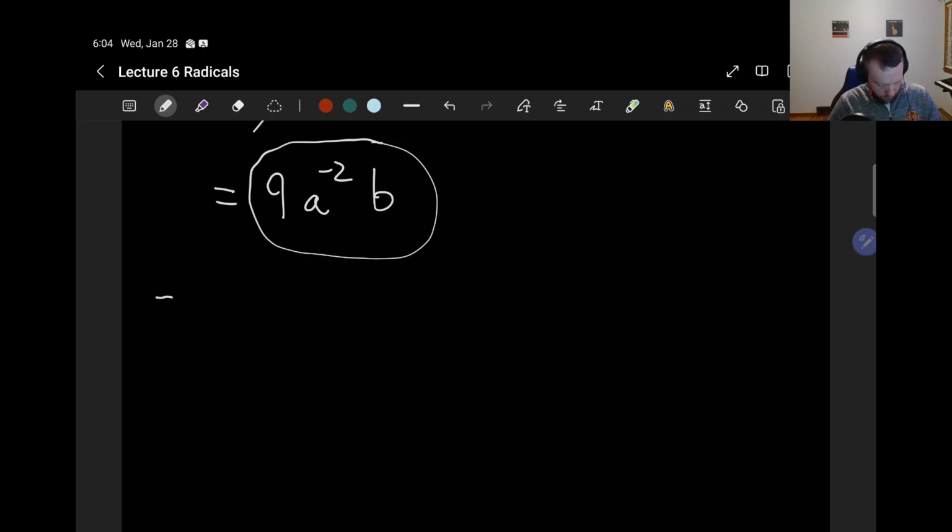Next, let's take the square root of w times the ninth root of w and try to simplify that. Well, it's going to help to reframe these as rational exponents.